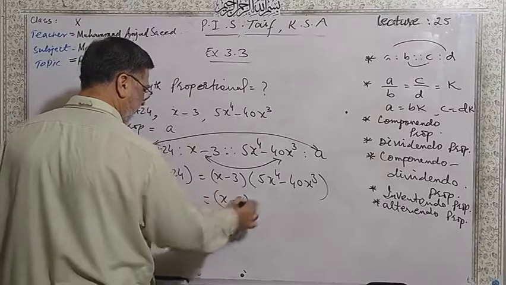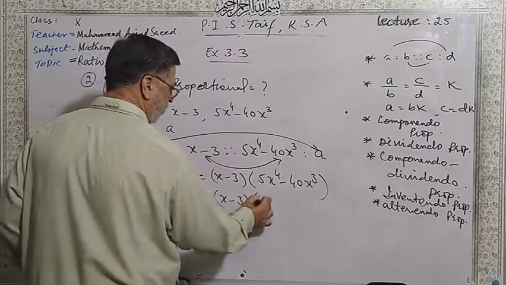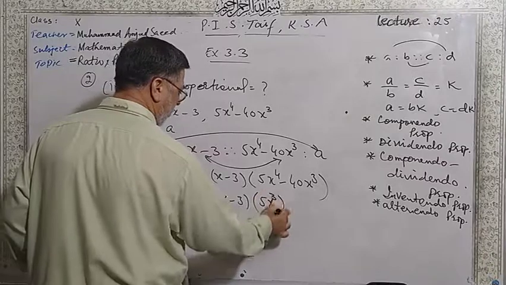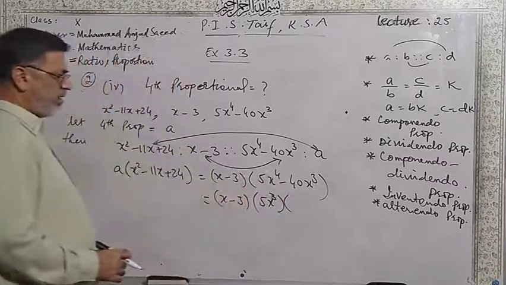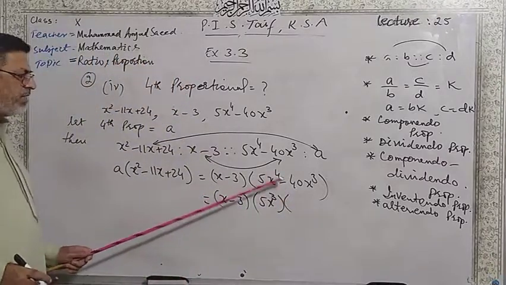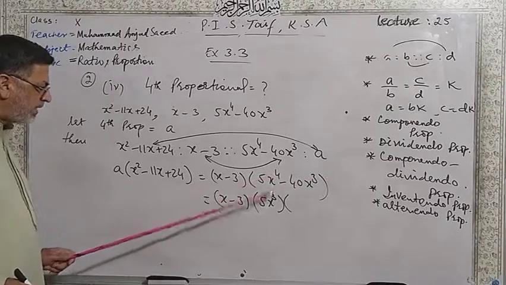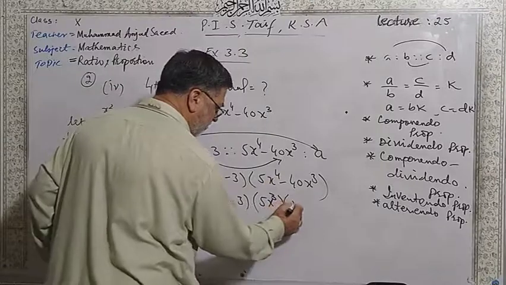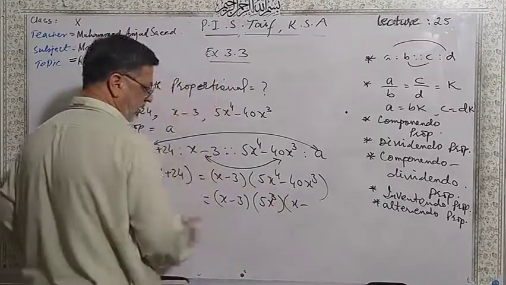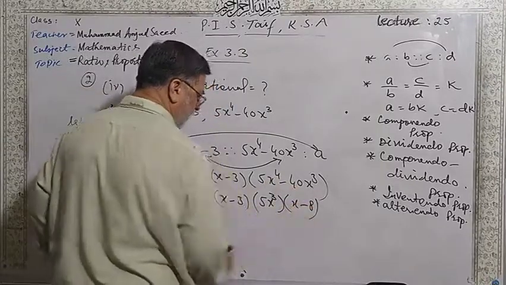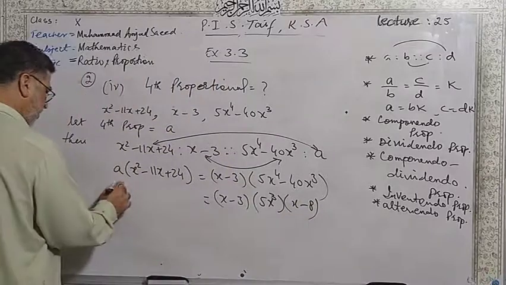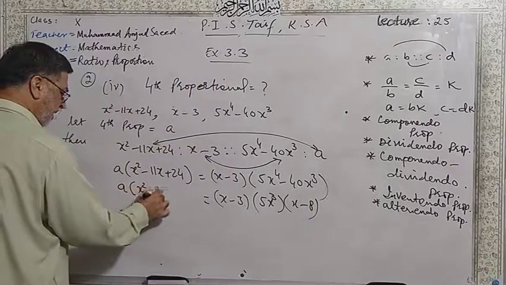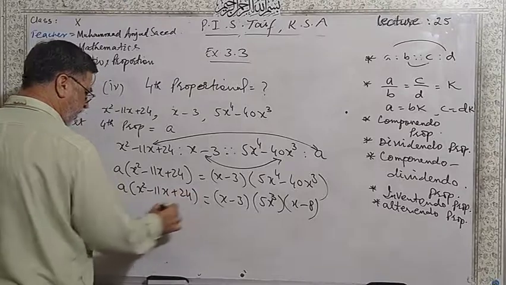X minus 3 into, you can take 5x cube common, because 5 can divide both and x cube is present in both. So 5x4 is divided this number, we are left with x, and then minus 8. a into x square minus 11x plus 24.